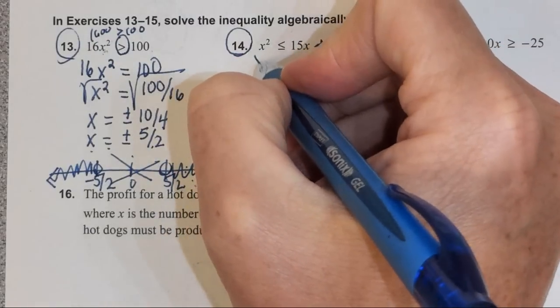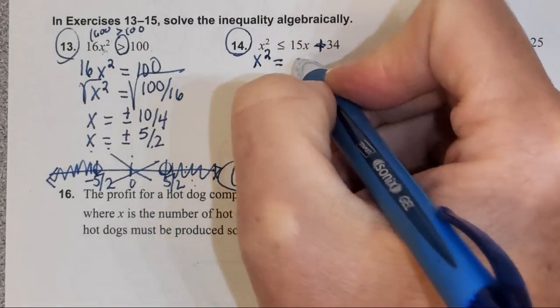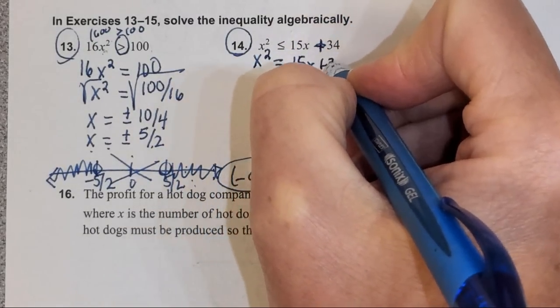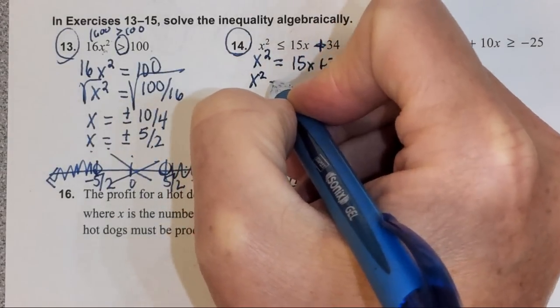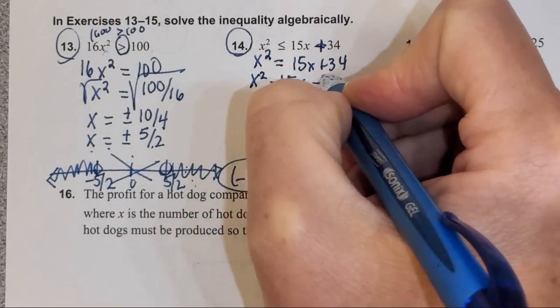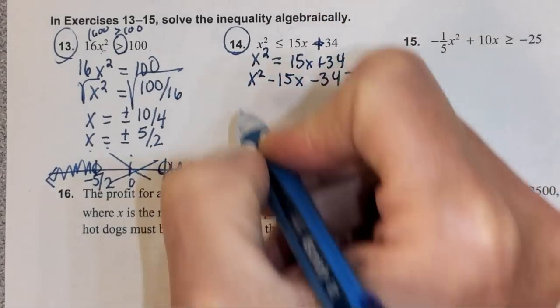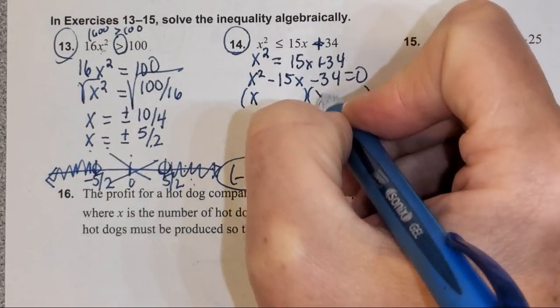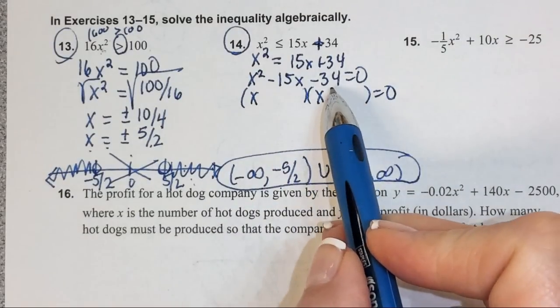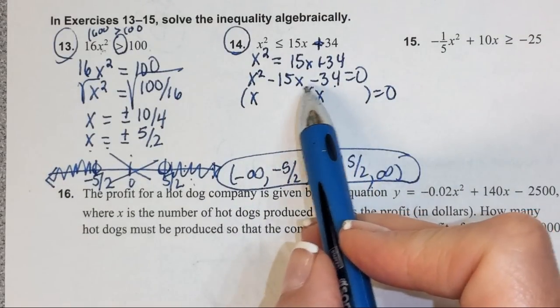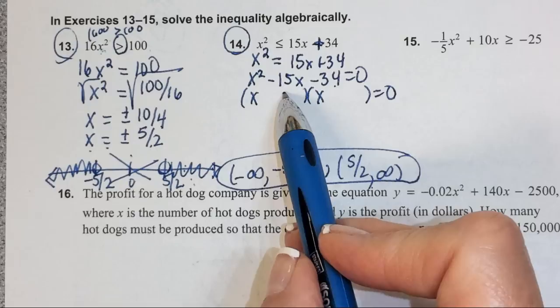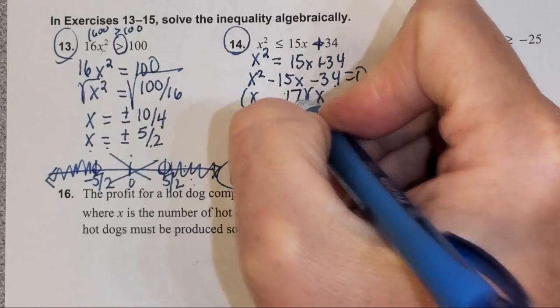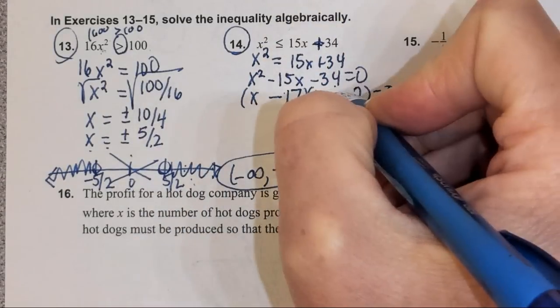Now what I'm going to get is x squared equals 15x plus 34, so x squared minus 15x minus 34 equals 0. So now we factor. Are there numbers that multiply to be 34 and subtract to be 15? 17 and 2, a minus and a plus.